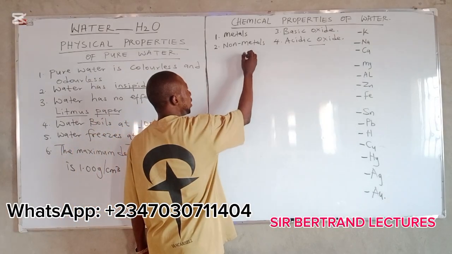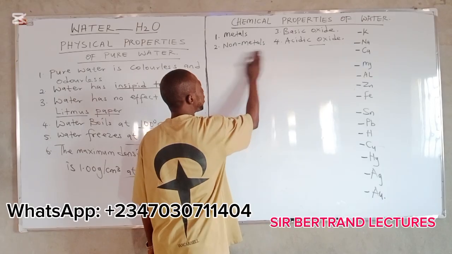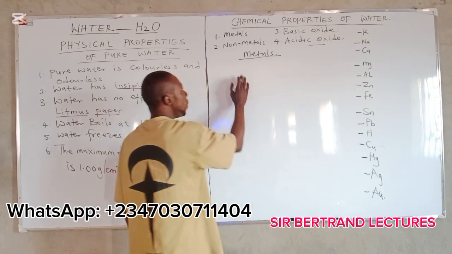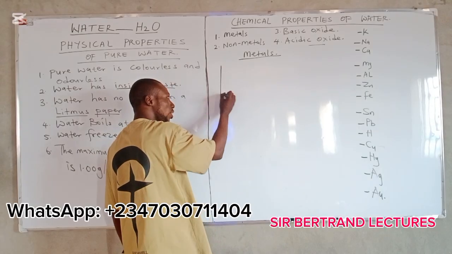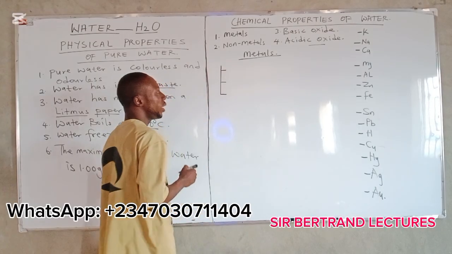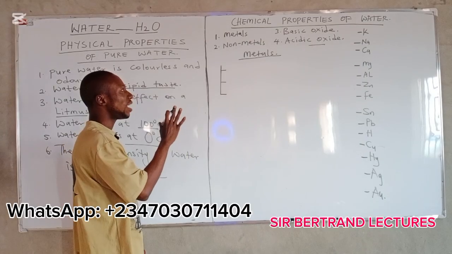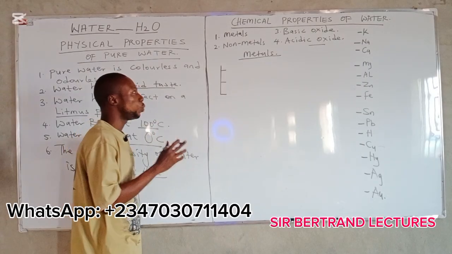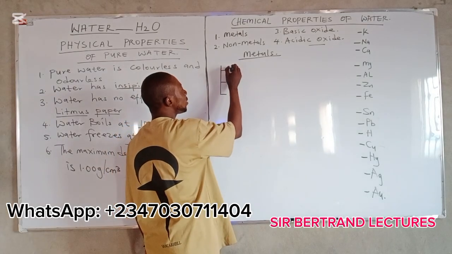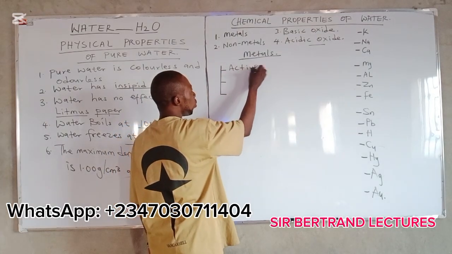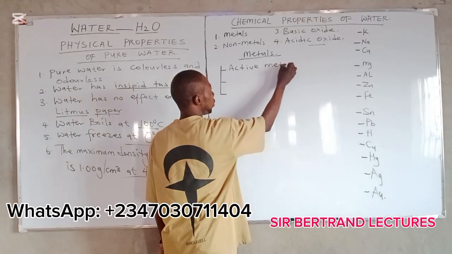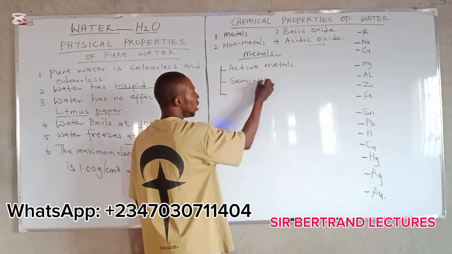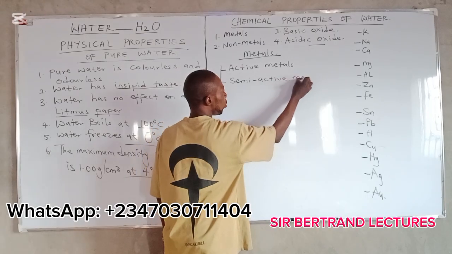All right, here for metals. Metals are categorized into 3 based on their reactivity with water. Number 1 is active metal. Number 2 is semi-active metal.